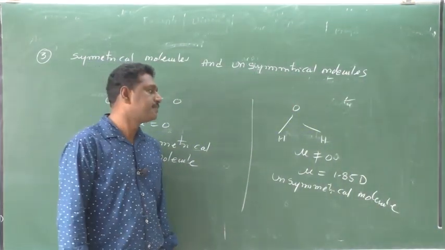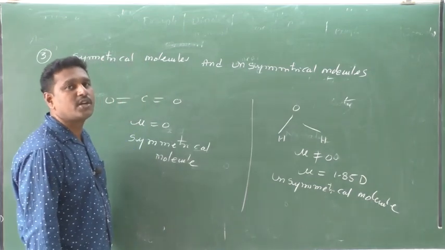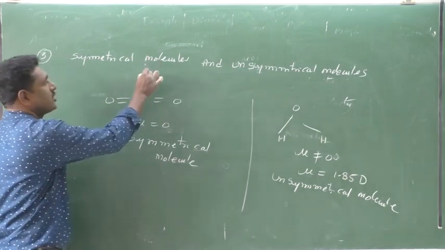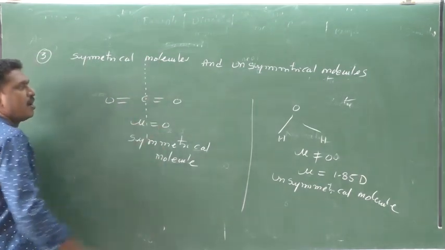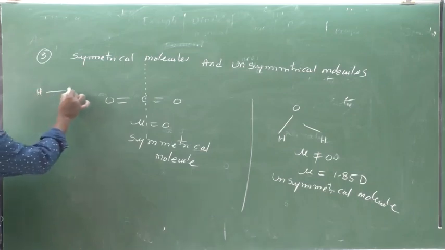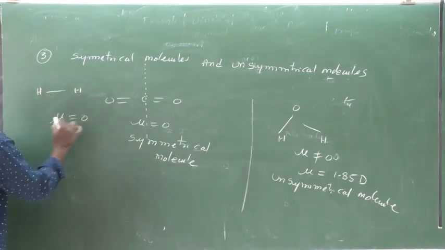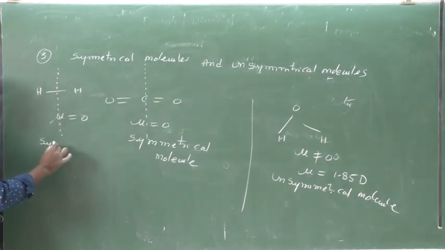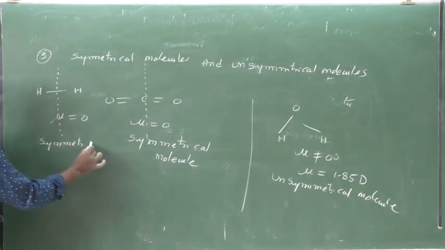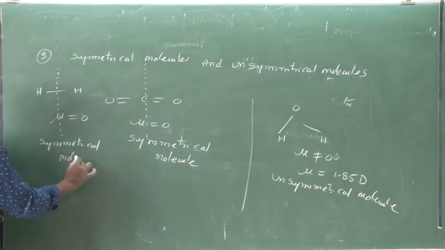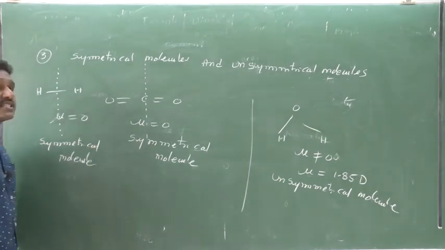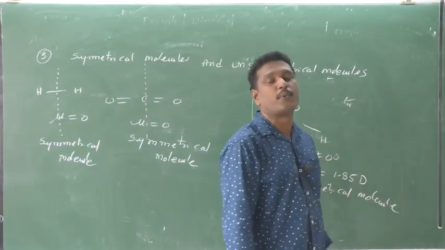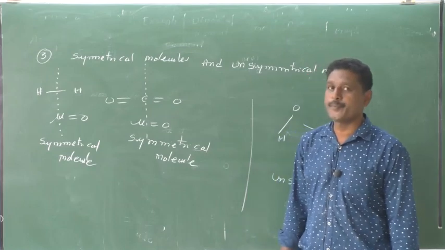For CO2 mu equal to 0, that means it is a symmetrical molecule. For hydrogen molecule also mu equal to 0. Therefore, it is also a symmetrical molecule.